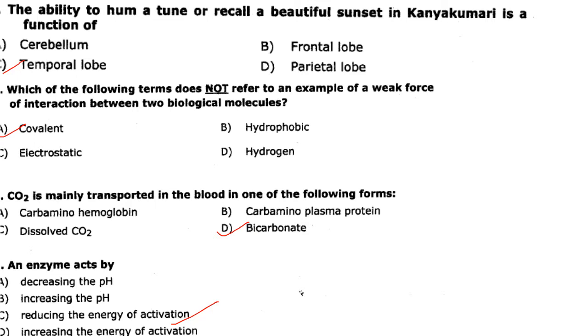So they are not an example of weak force of interaction. Then carbon dioxide is mainly transported in the blood in one of the following forms, that is as bicarbonate. Answer is option D. Next one. An enzyme acts by decreasing the pH, increasing the pH, reducing the energy of activation, increasing the energy of activation. So answer is option C. It reduces the energy of activation.